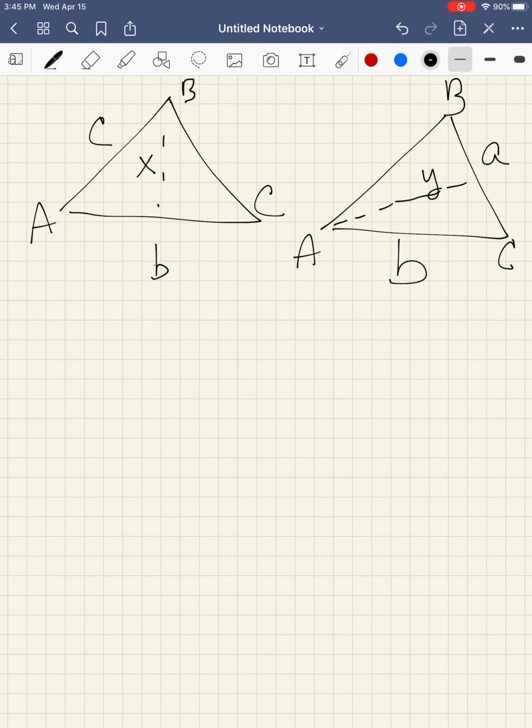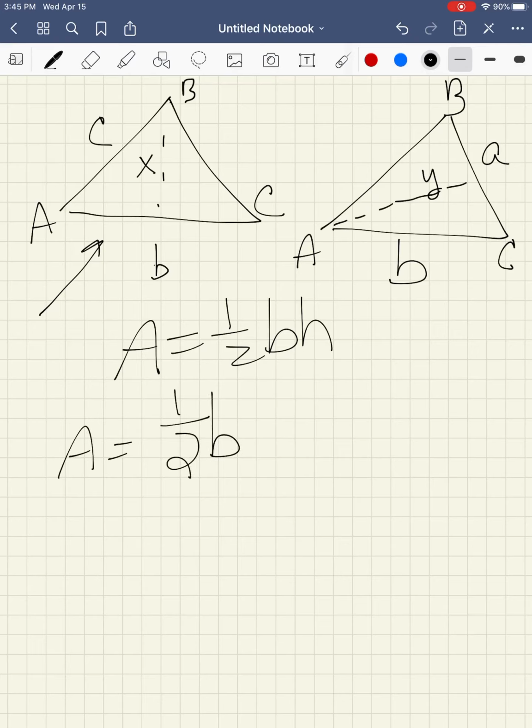All right, so we know that the formula for any triangle is 1/2 the base times the height. Okay, so if we use this triangle right here, it would be 1/2 the base, but we need to find the height. So we could find the height by using this angle right here, because we know that the sine of A is x over c, isn't it? Right? So then x would be equal to c times the sine of A, and we can plug that in for the height. So that would be c sine of A.